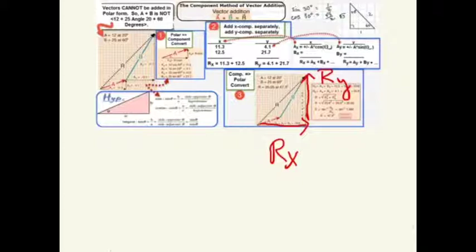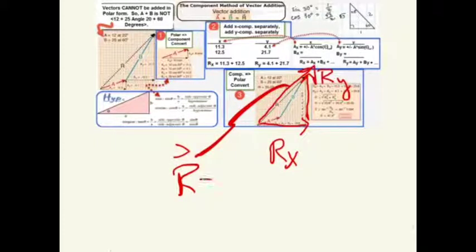The resultant vector is simply the result of adding the x and y components. The resultant vector in polar form is magnitude R, I don't write the arrow over the top, and angle theta.